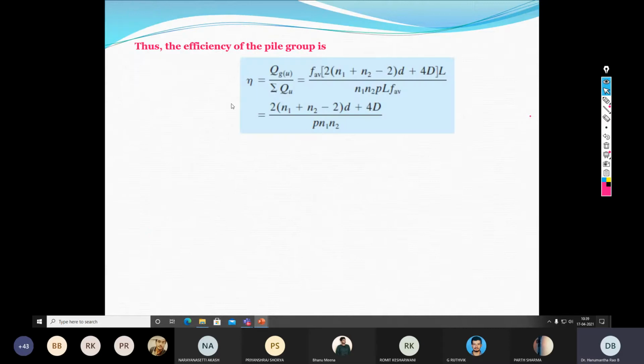As we are talking about the pile group, it comprises 2 components: one is the block, and then the summation of individual piles.